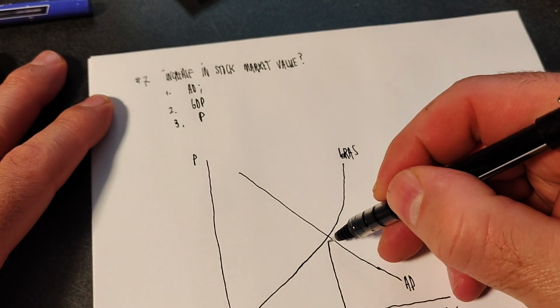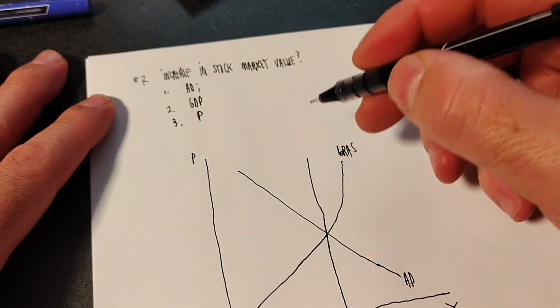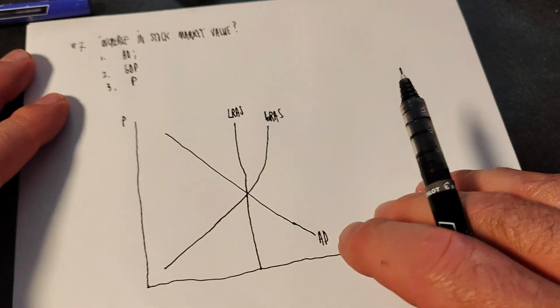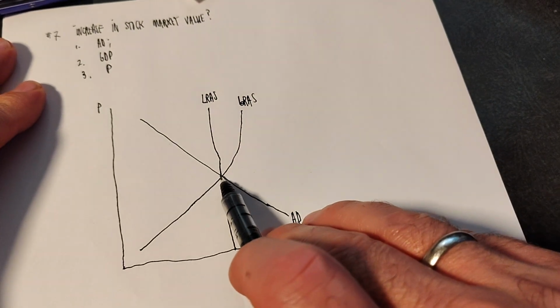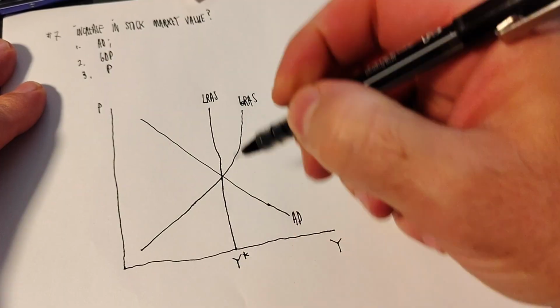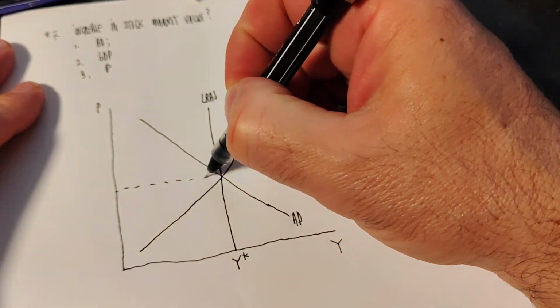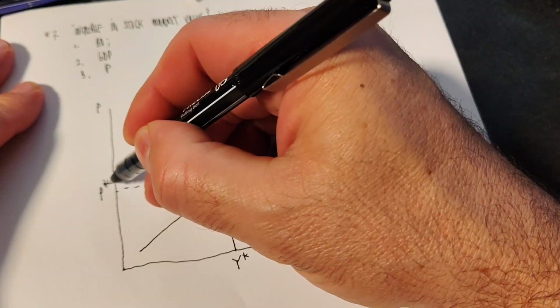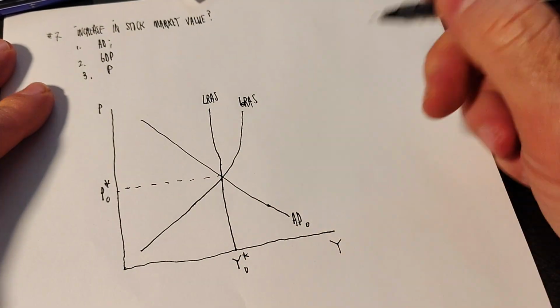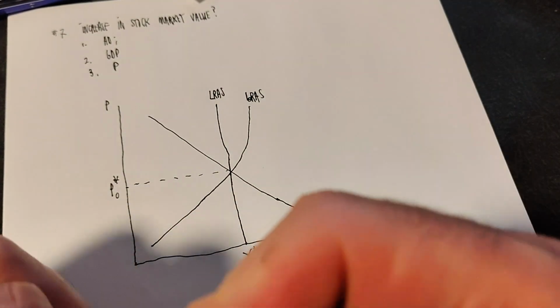When you start off these models, you draw it in such a way where the long run aggregate supply curve and the short run aggregate supply curve intersect. There's going to be no cyclical unemployment. So this will be Y star, and this will be P star. Let's put zeros there so that we know those are initial values.